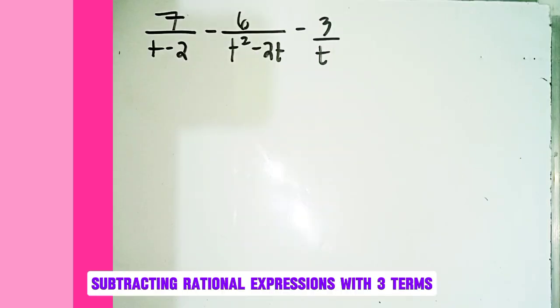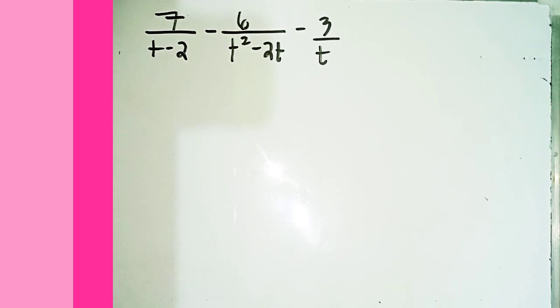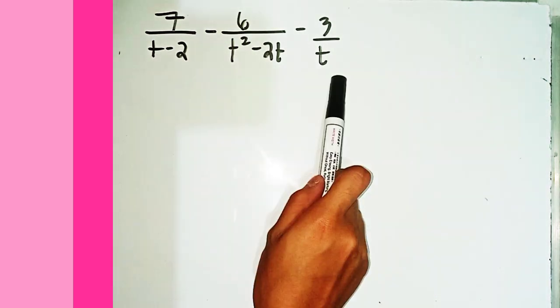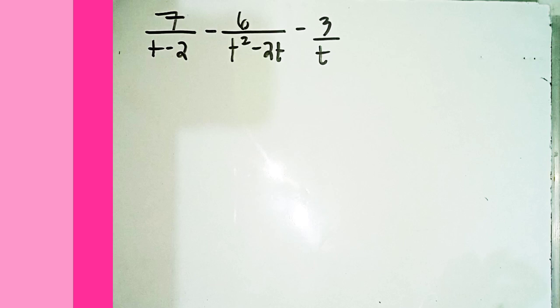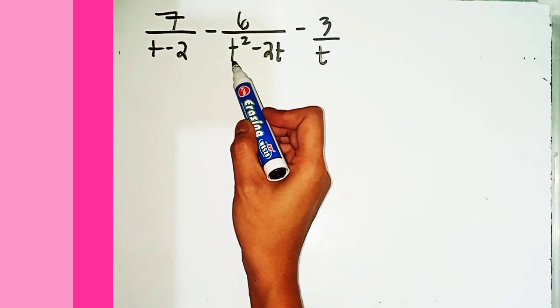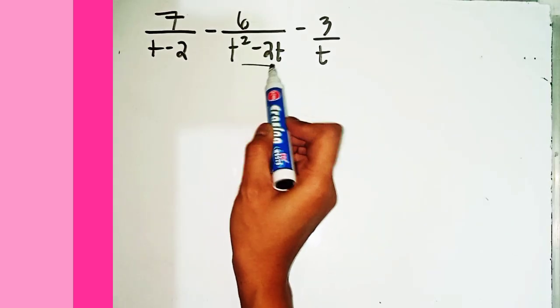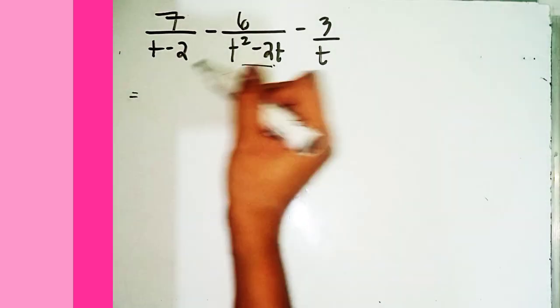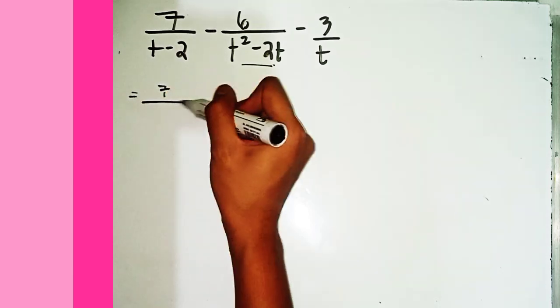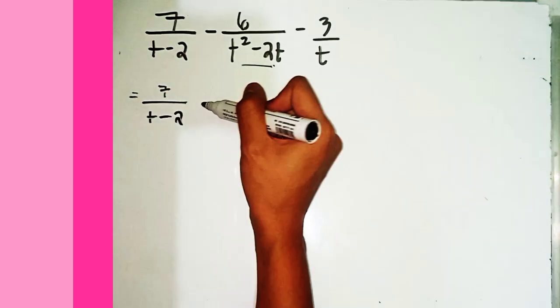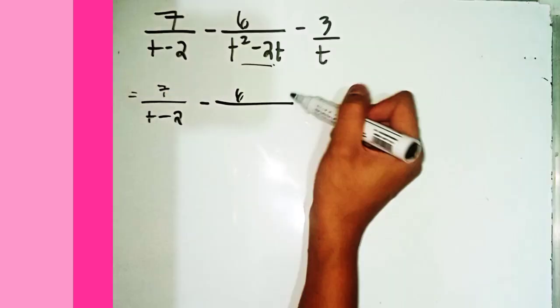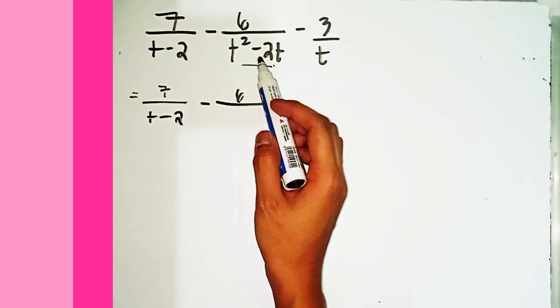Okay, that would be our final answer. Let's go on to our 8th example. So we have 7 all over t minus 2 minus 6 all over t squared minus 2t minus 3t. As we can notice here, they are already in 3 terms. So we can still factor t squared minus 2t. So just copy the 7 all over t minus 2 and 6. So what are the common factors?